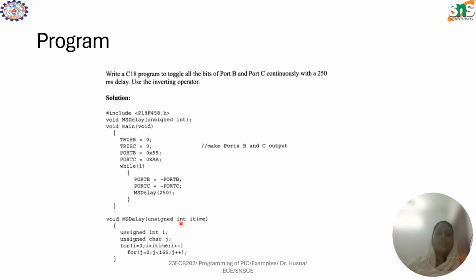Why we are using this bitwise inversion is that we flip 0 to 1 and 1 to 0, so it automatically flips. After flipping, it shows the output on the TRIS port. Then we use the delay functions for toggling the output on all the ports, and the loop runs infinitely.